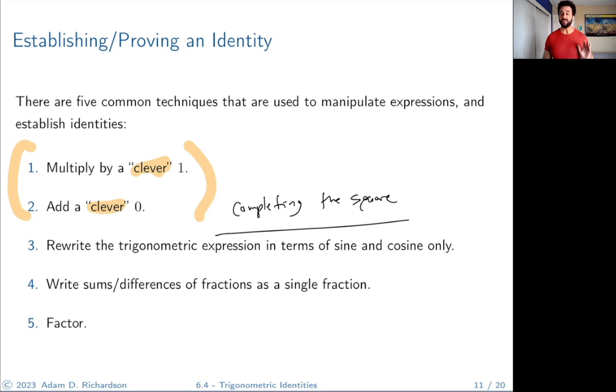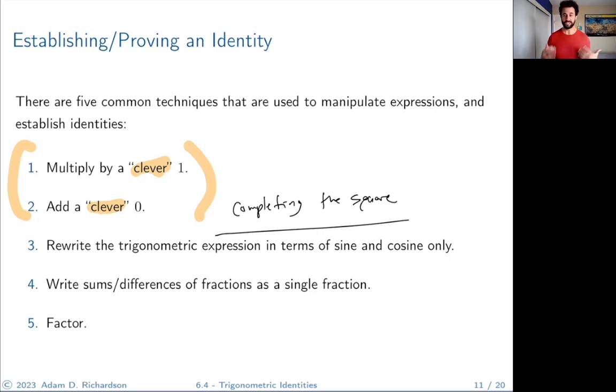The other techniques: rewrite the trig expression in terms of sine and cosine only. This is a good tip, especially if you've got tangents or cotangents involved. Write it in terms of sine and cosine, and if you're lucky, some nice cancellations will occur. You can also write sums and differences of fractions as a single fraction. This is something that you've done before in previous classes.